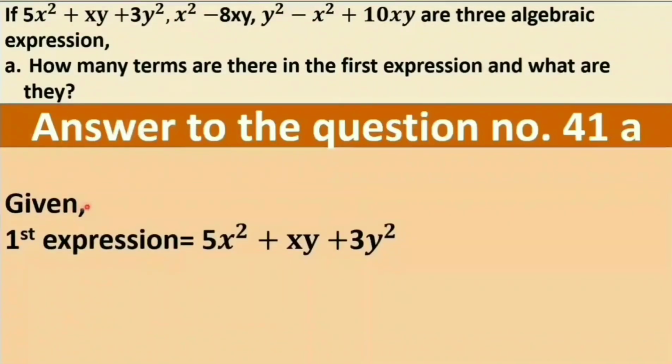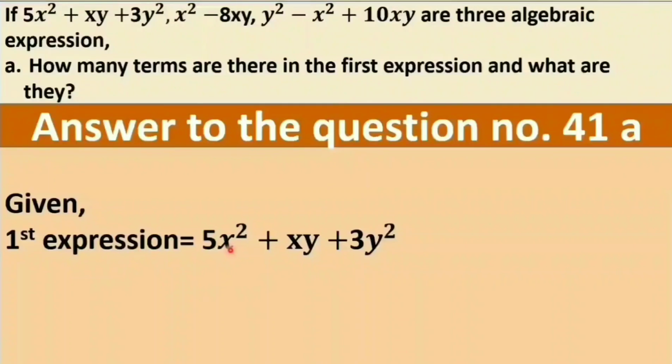At first you will write, given first expression is 5x square plus xy plus 3y square. My dear students, how can you identify how many terms there are? Yes, I said it before, in all algebraic expressions, the signs like plus and minus are separating the terms.